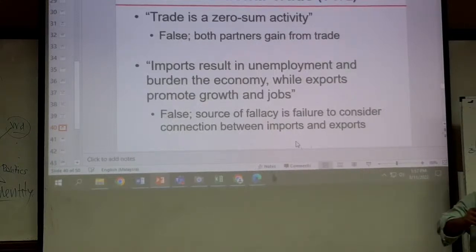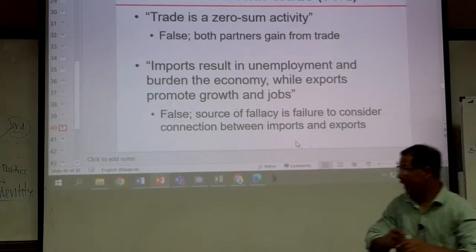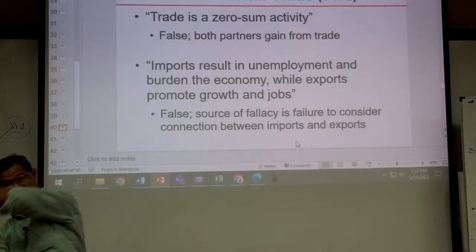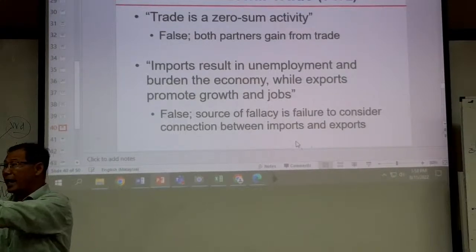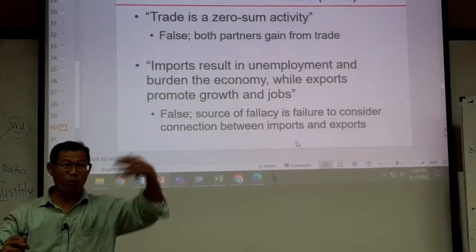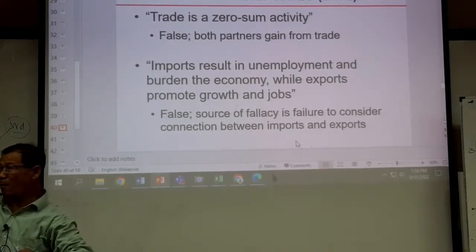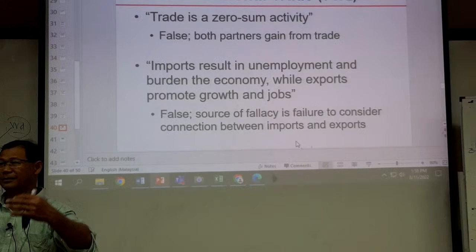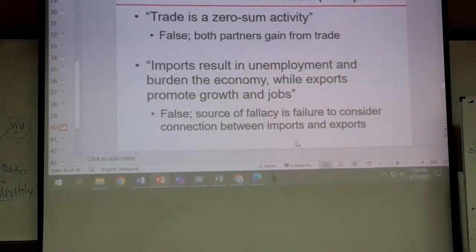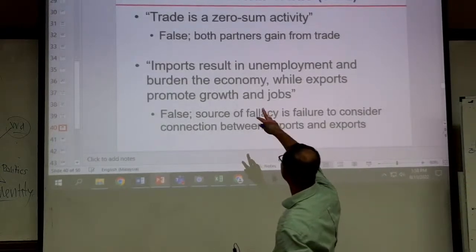When they specialize, this country only produces X, that country produces only Y. When they specialize, they are efficient in producing more X, that country more Y. They trade, the whole becomes 30 total. This is a positive sum game.